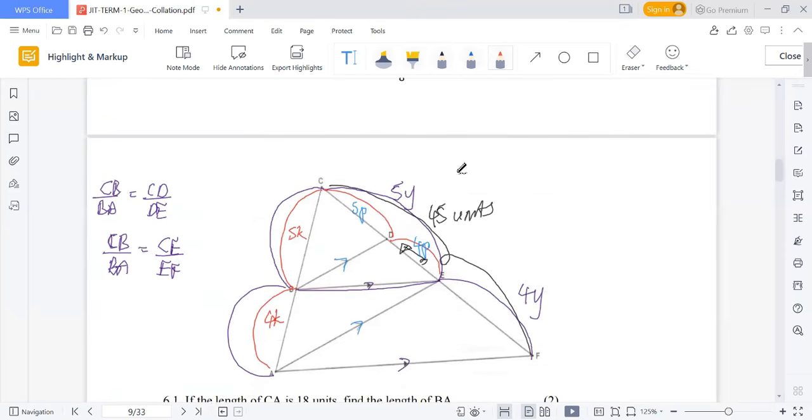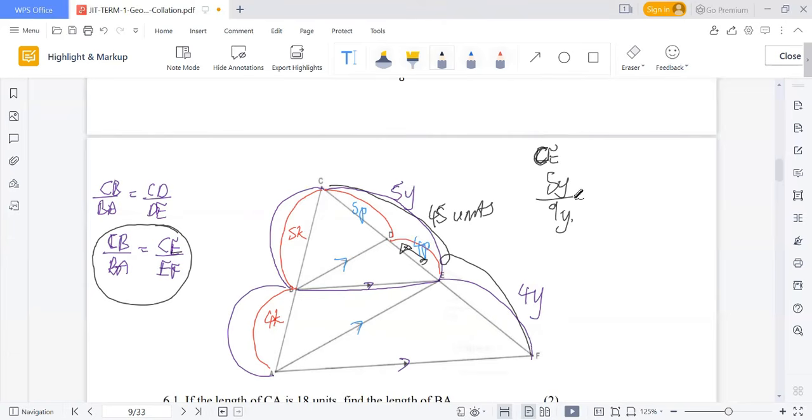Now, what can we do about that information? So let's make use of that information. We can start by just saying the whole length here is 45, right? So if we wanted the length for CE, considering what we have here, we could say to calculate CE, this is 5Y over the total length, which is 9Y.